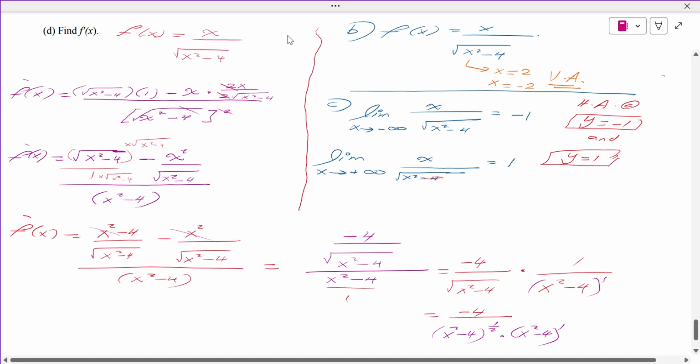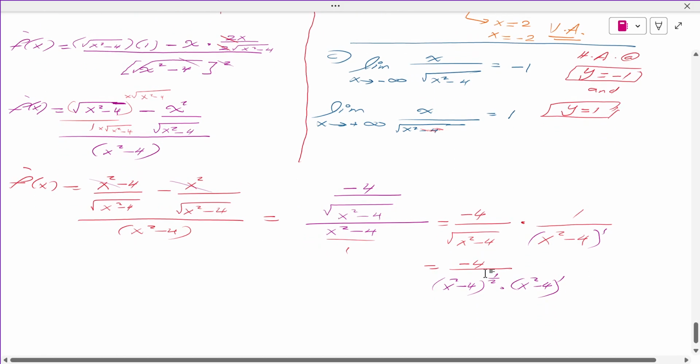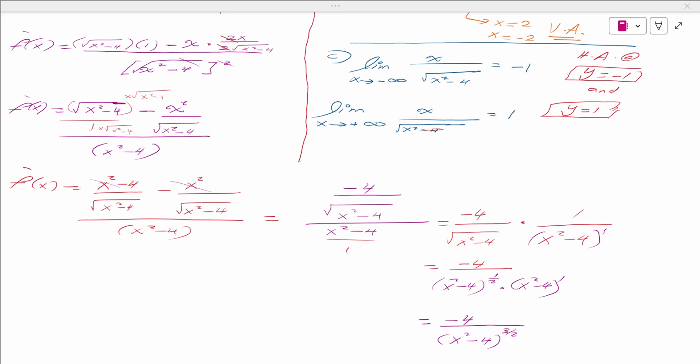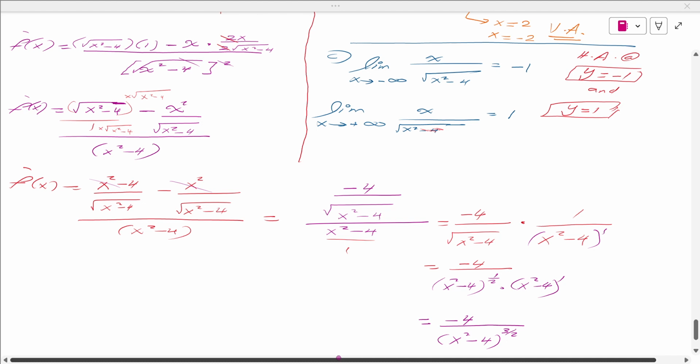And when you are multiplying powers with the same base, like x squared minus 4 and x squared minus 4, you just need to add the exponents. So minus 4 over x squared minus 4, adding the exponents one half and 1, gives 3 over 2. So this is the f prime of x.